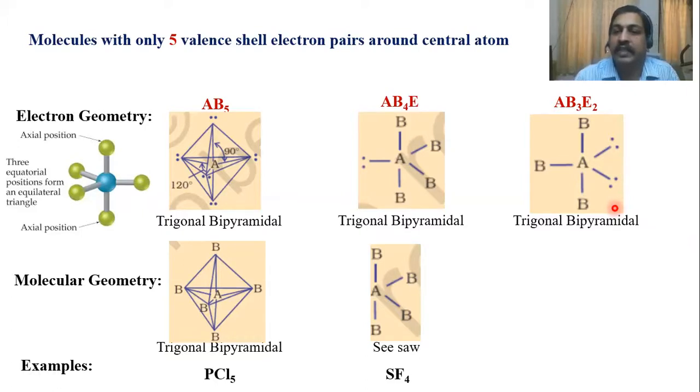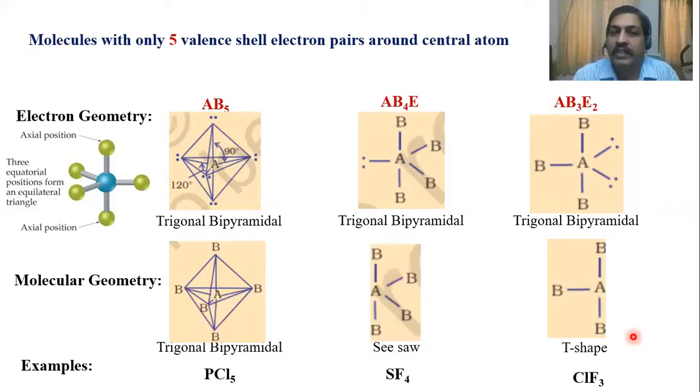The arrangement of atoms resembles the letter T, so the shape is known as the T shape or T shape geometry. An example is chlorine trifluoride, which is an AB3E2 type molecule and has a T shape.